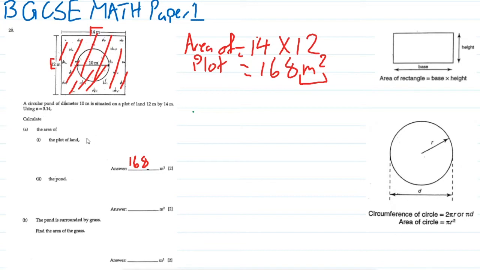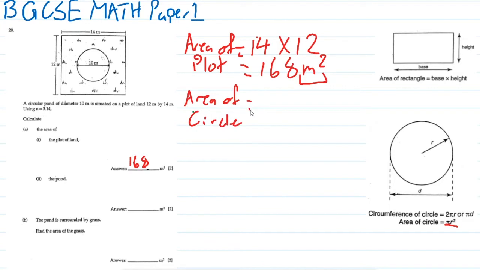So let's look at the pond. We have a diameter that's given, the diameter being 10 meters. But our formula says pi r squared. So let me just write that here. The area of a circle is just going to be equal to pi r squared.